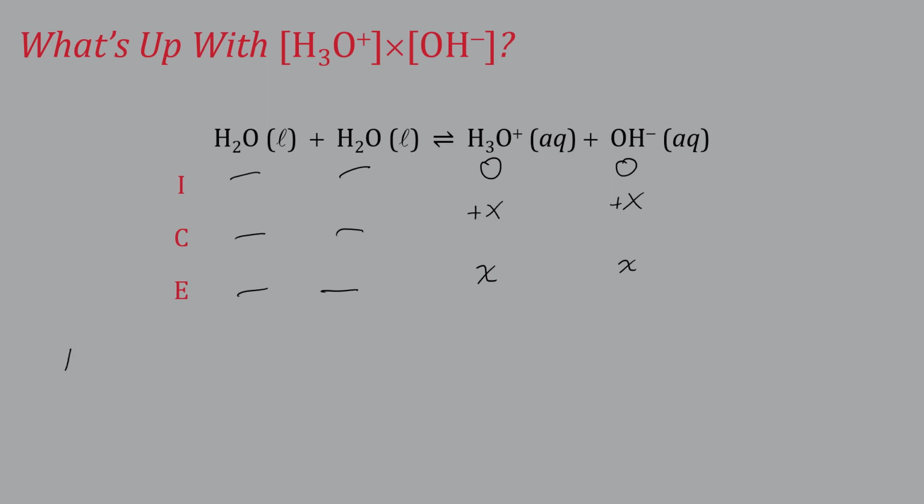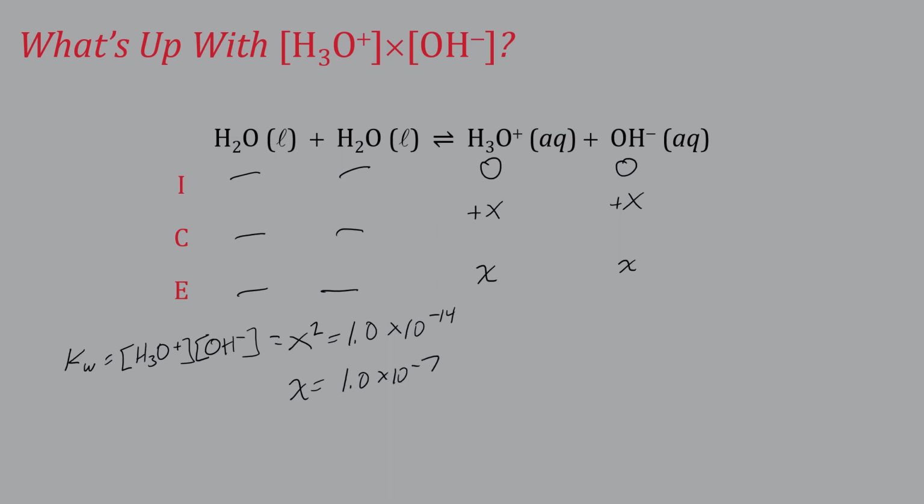And so we know that Kw is going to be equal to the concentration of hydronium times the concentration of hydroxide. That equals X squared, which numerically equals 1 times 10 to the negative 14. So X is 1 times 10 to the negative 7.